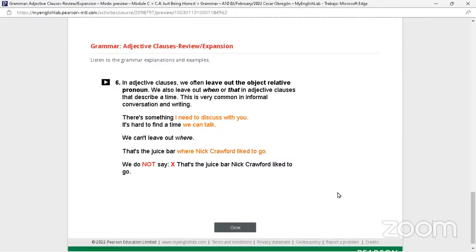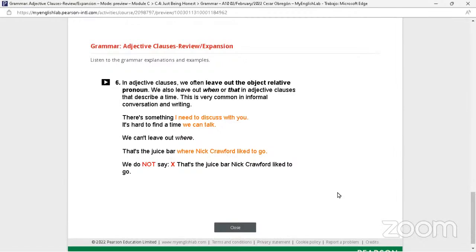Okay, so whenever I go over this instruction, there are always students telling me, but teacher, you're telling me how to use relative pronouns, how to connect clauses, and now you're telling me not to use them? Well, the thing is, we can use this grammar the way we want, but in this case, Pearson is going to give you specific details on how to answer things, and Pearson is interested that you understand the grammar structures according to instructions.